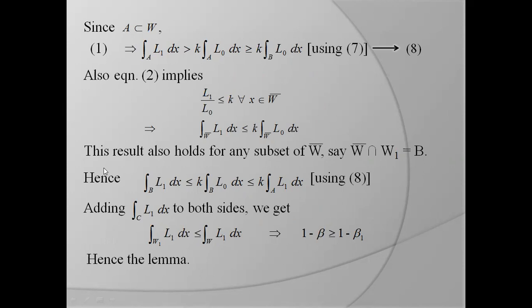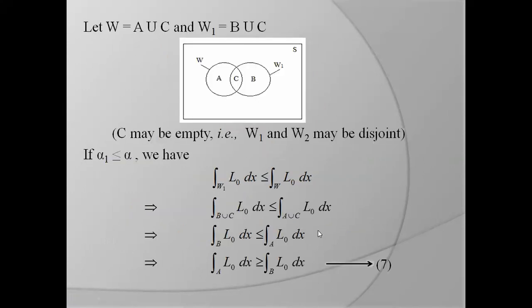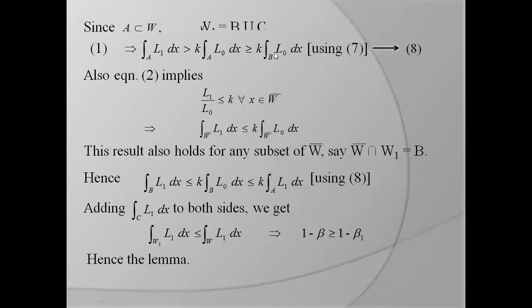So using the earlier equation, integral over A of L naught dx is greater than or equal to integral over B of L naught dx. That one we are substituting here, so this part is greater than or equal to this part.